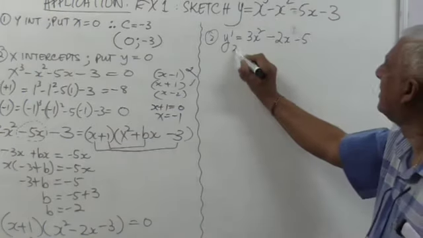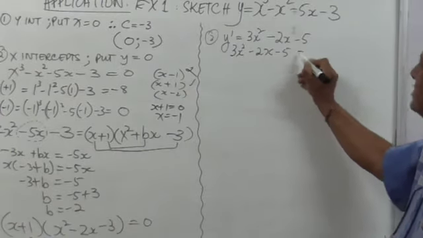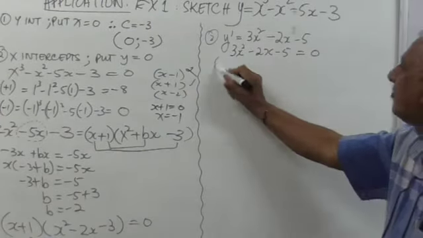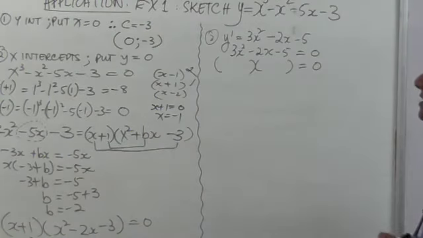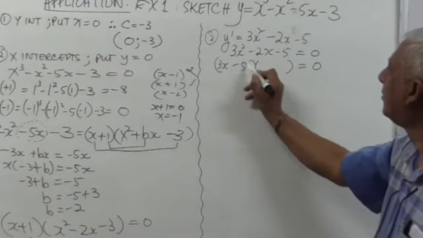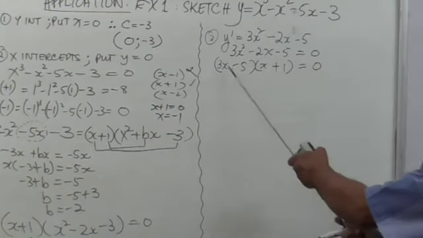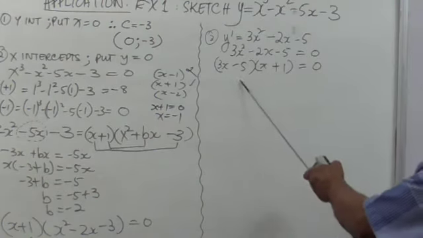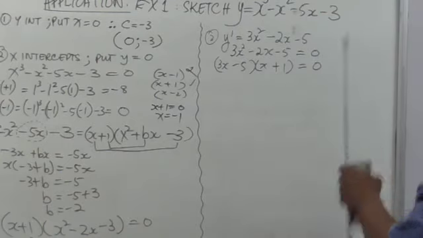Make the derivative equal to 0. 3x squared minus 2x minus 5 is equal to 0. Factorize. You will have 3x minus 5 into x plus 1. Let's test: 3x squared minus 5x plus 3x will give you minus 2x minus 5, correct.